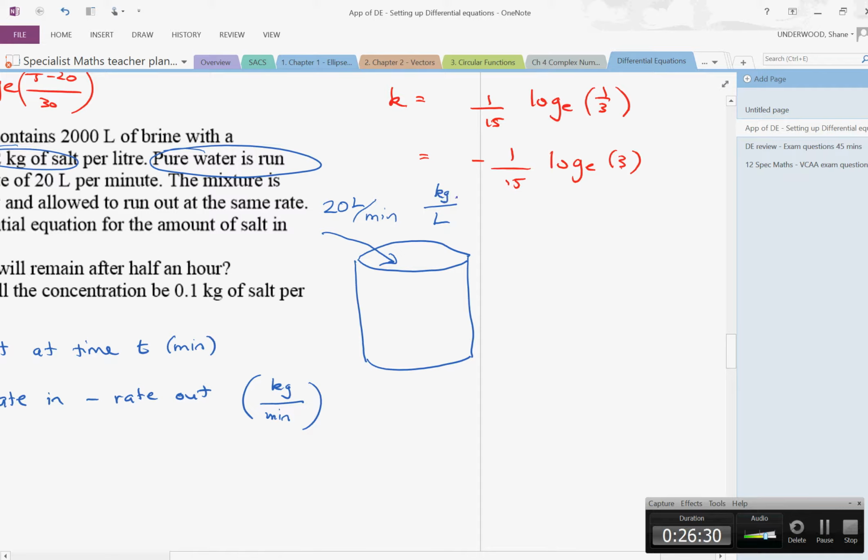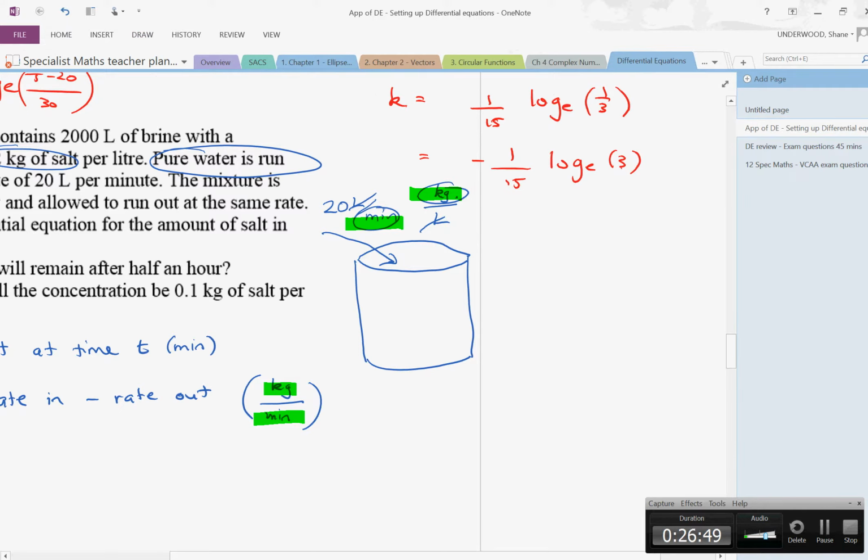Because these are going to cancel out, it's kilograms per minute. It's just a unit thing. But yes, it is pure water being run in there, so it's 0 kilograms per minute.